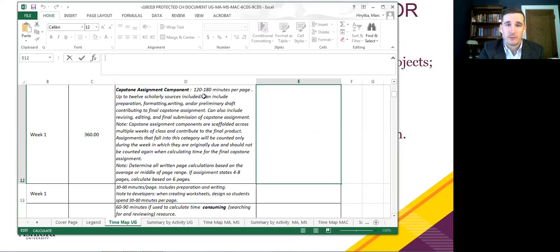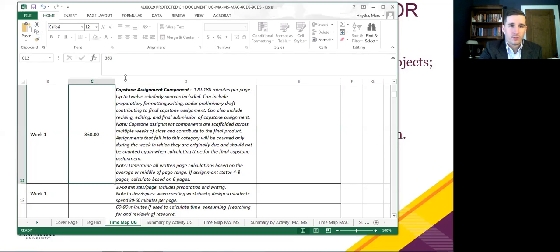The range on these components is 120 to 180 minutes per page, and that includes having students find up to 12 scholarly sources, and it also includes all of the time for preparation, formatting, writing, preliminary draft, and other aspects that can contribute to the final capstone assignment, including revising, editing, and then eventually the final submission.